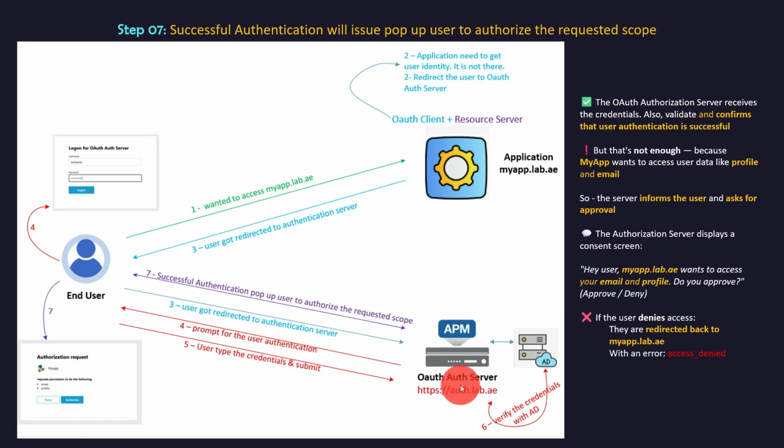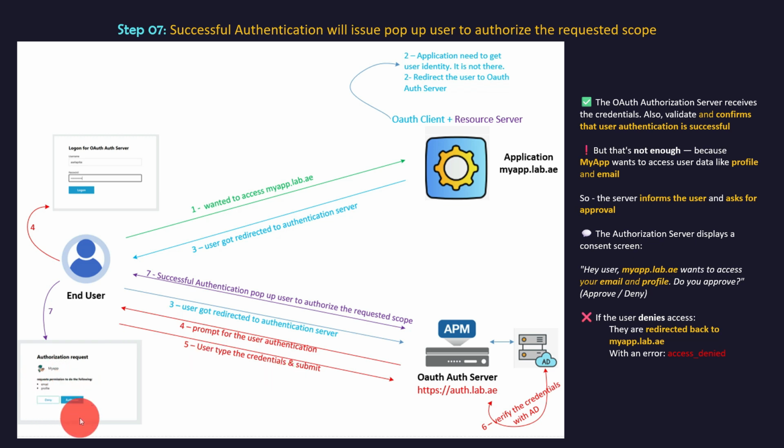But this is not enough because the myapp application wants to access user data like profile and email. So in step 7, the authorization server displays a consent screen to the user, asking for approval. The consent message is, "Hey user, myapp.lab.ae wants to access your email and profile.